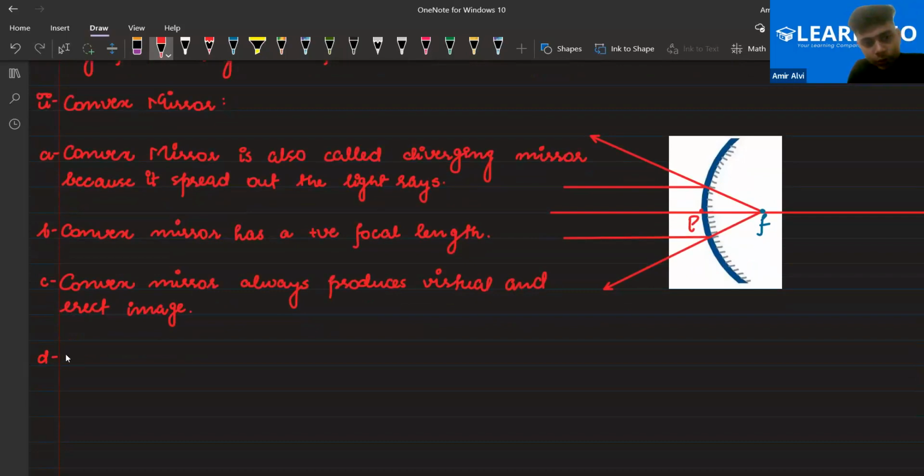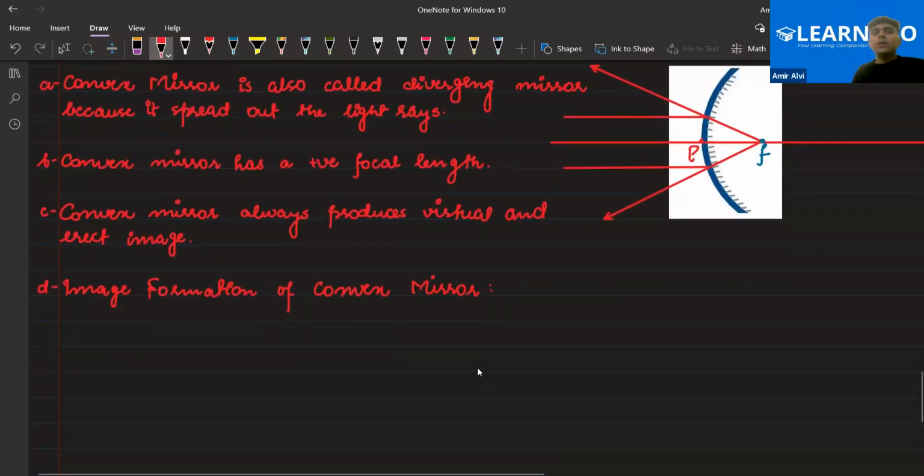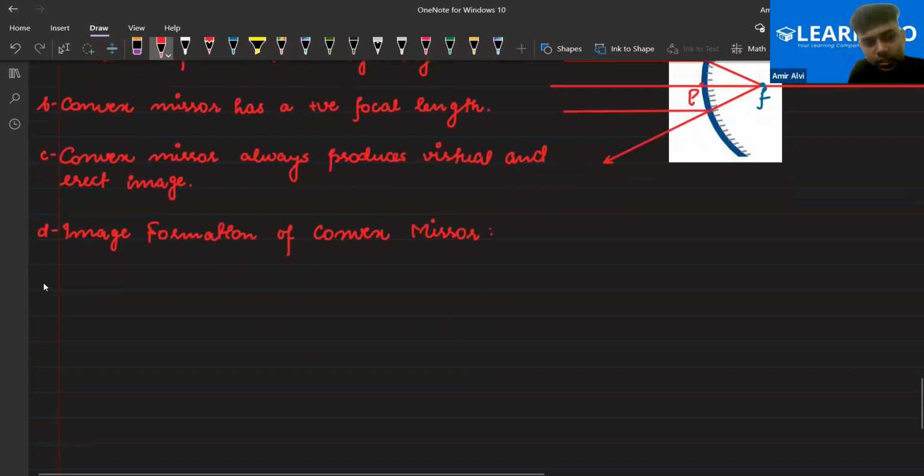Next one is image formation by the convex mirror.